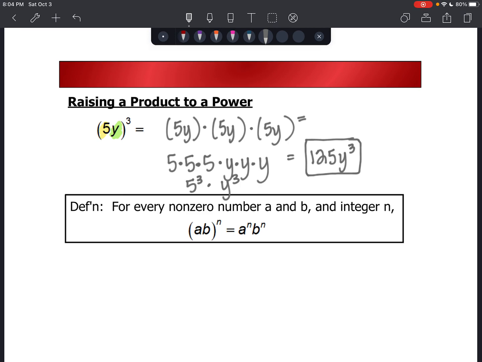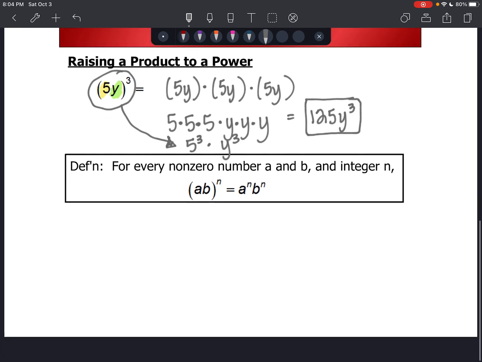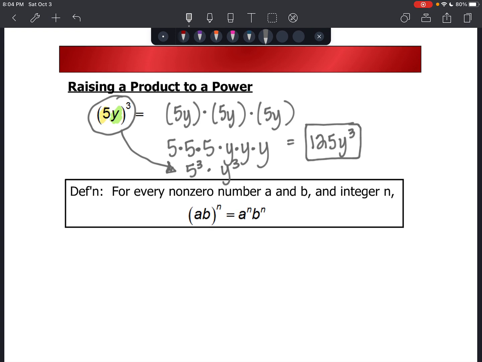The important part here, though, is to be able to go from here to here. So being able to recognize that is really important. And here's our definition or rule. For every non-zero number a and b, so our base cannot be 0, and our exponents are integers, whole numbers and their opposites, then ab raised to the nth power is the same thing as a to the n times b to the n.